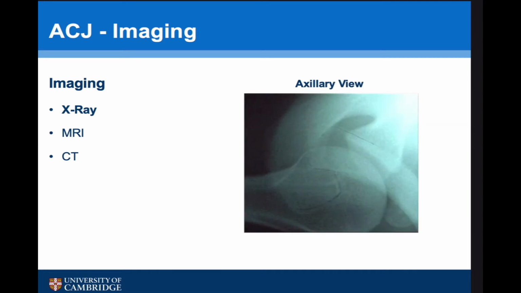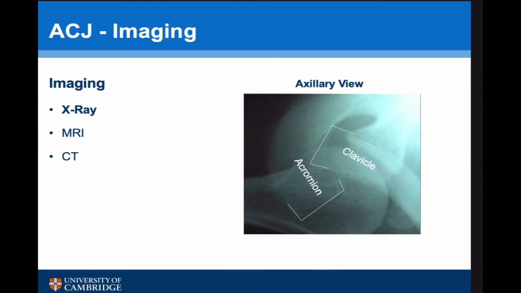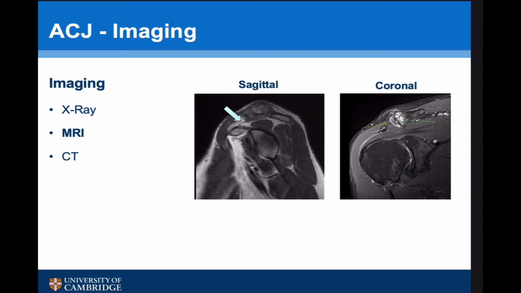For the assessment of instability, an axillary view is essential. This is particularly good at looking for type 4 dislocations where the lateral end of the clavicle is displaced posteriorly into the trapezius. An MRI scan can be very useful for looking at damage to the coracoclavicular ligaments.